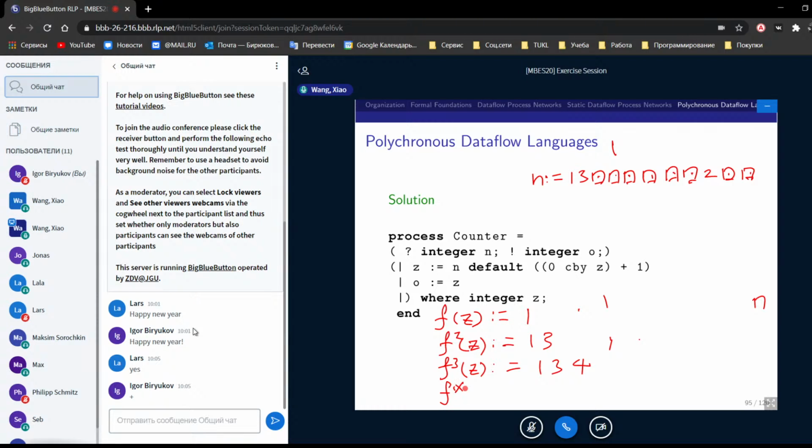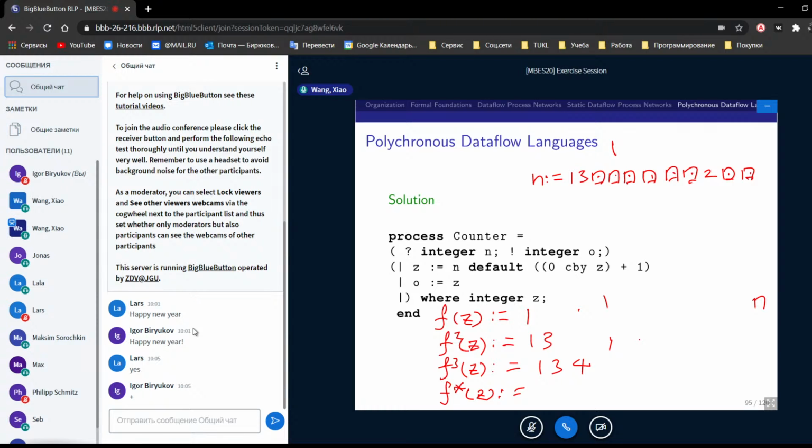We can keep on doing that, but I'll just abbreviate that here. So we have 1, 3, 4. We compute 0, 1, 3, 4 plus 1. Then it's 1, 2, 4, and 5.